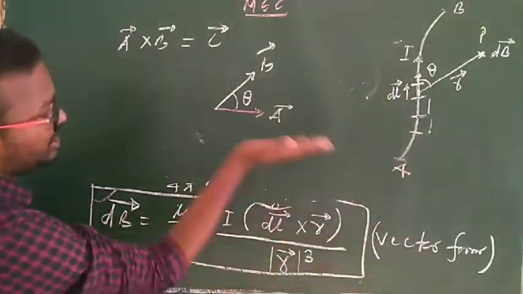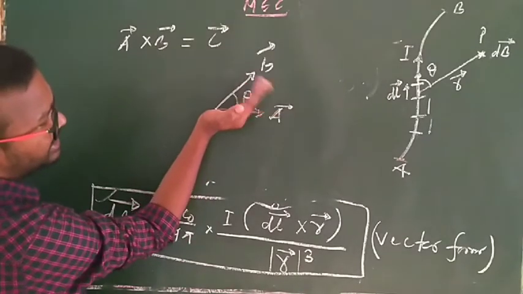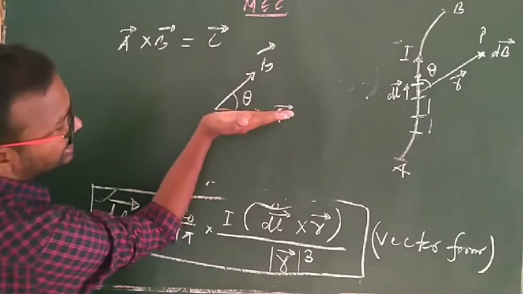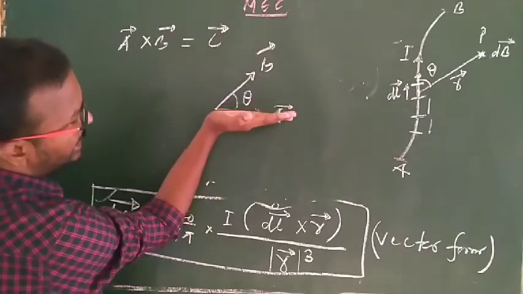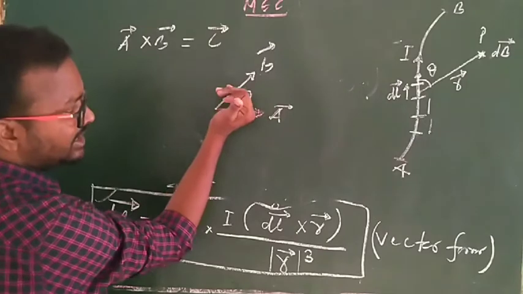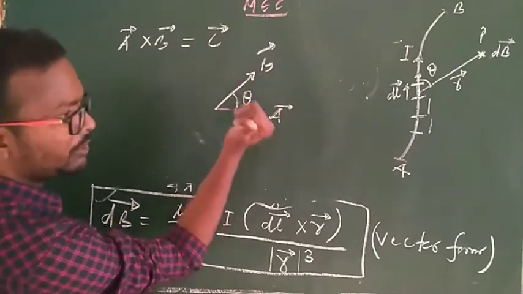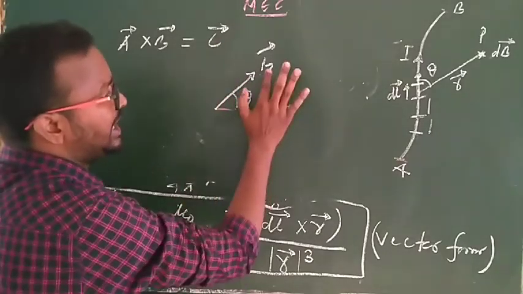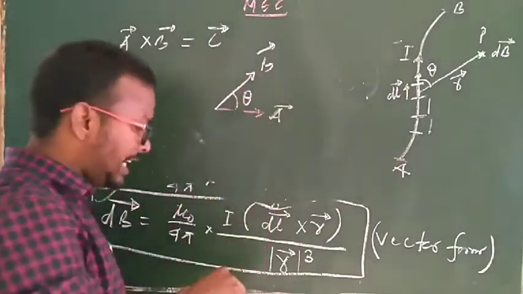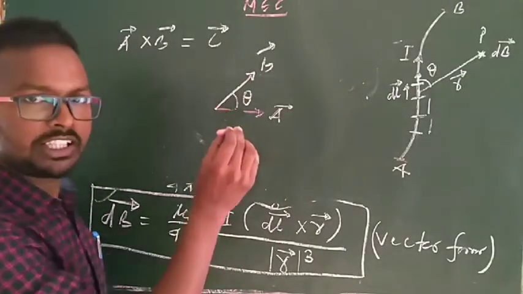First, place your right palm on vector a, then curl your fingers towards b. Then for a cross b, the thumb indicates the third vector, which is perpendicular to the plane containing a and b. This is the direction of the third vector. Clear?